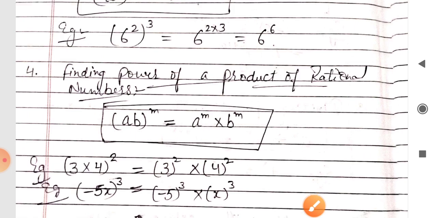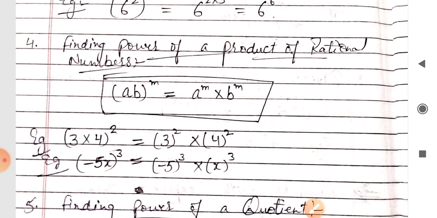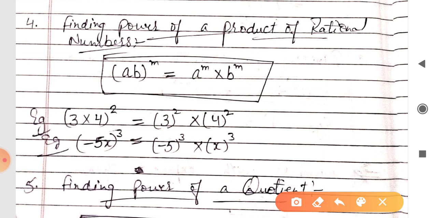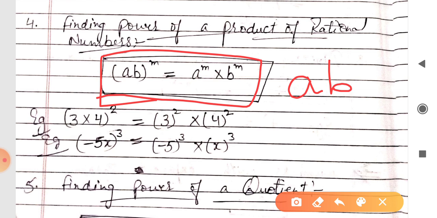Then the fourth law is finding power of a product of rational numbers. Here is ab to the power m. ab to the power m is equal to a to the power m multiplied by b to the power m. Here I have written ab, and ab means a multiplied by b.